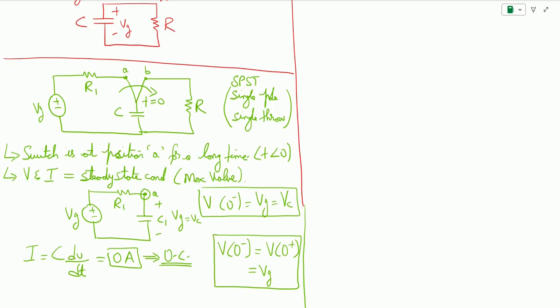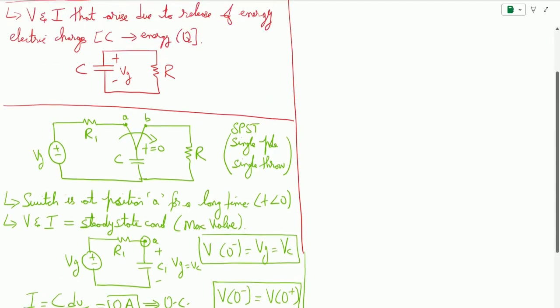This is again done in order to avoid the sudden or abrupt change in time which will lead to an infinite current. Thus, we basically consider this condition for the capacitor as we saw previously with the inductor. So now let us see what happens at time equals 0.